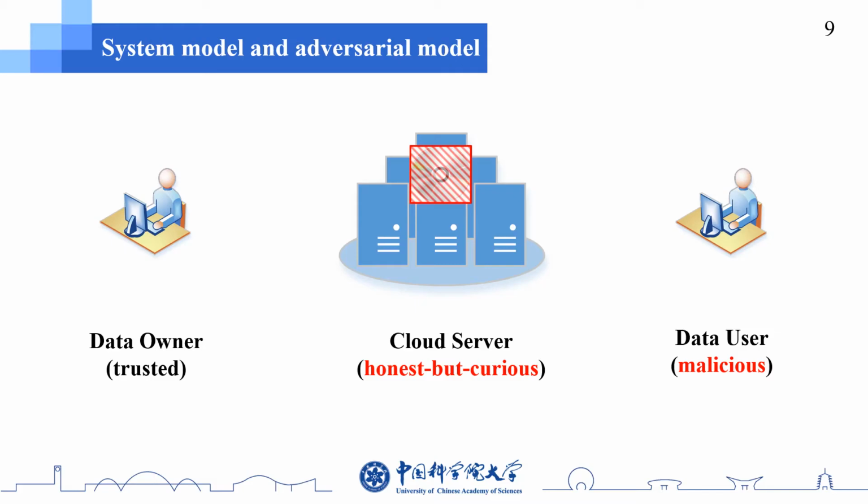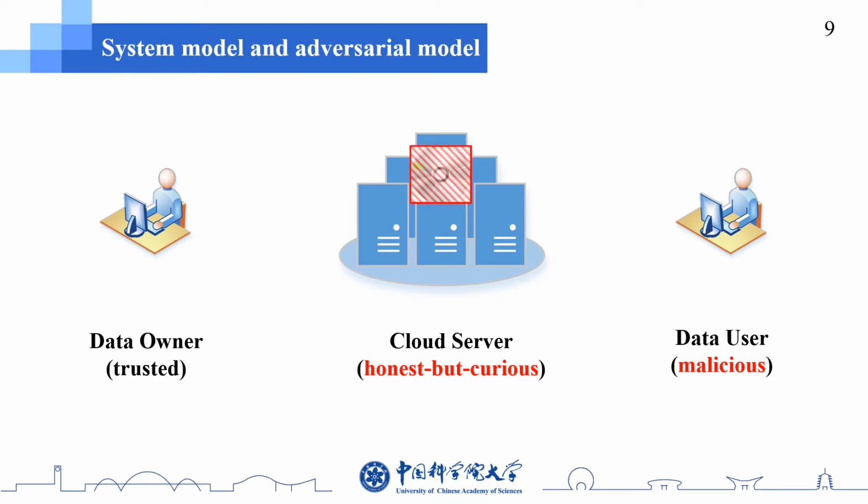The cloud server offers storage service and performs deduplication. It's honest but curious, which means the cloud server will honestly respond to clients and execute operations required by the data owners and data users, but it's curious about the original file underlying the watermarked file uploaded by the data owners.